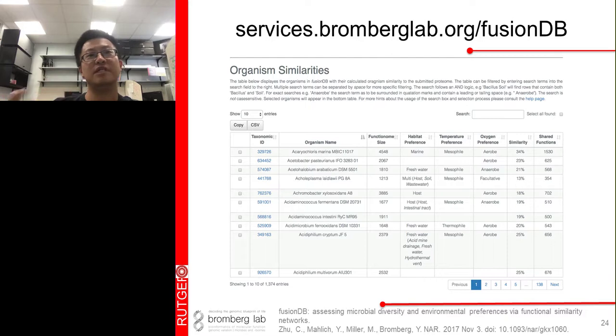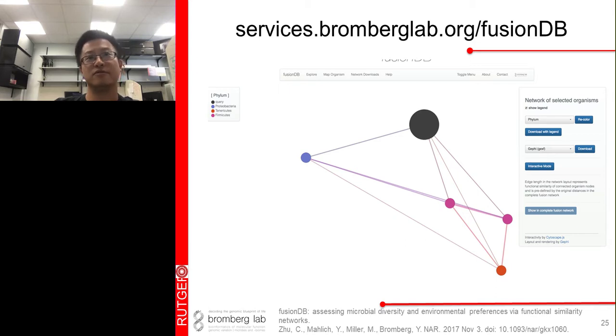So you can further select the organisms of your interest and use them together with your query organism to create these network visualizations on our database. And you can color them by taxonomy or by environment data, to find patterns and find out what causes this function similarity between these organisms.